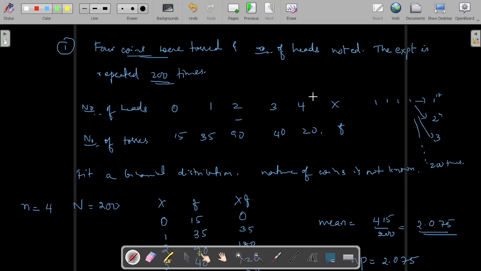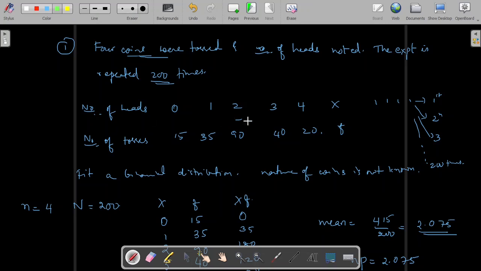And this fitting of binomial distribution is applicable for the random experiment with n Bernoulli trials repeated N times. That is, small n Bernoulli trials repeated capital N times. In such cases, we use the fitting of a binomial distribution.